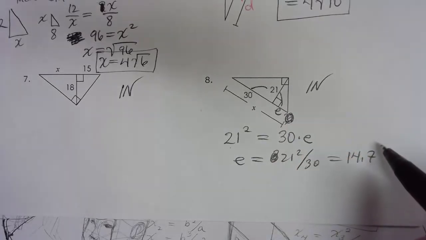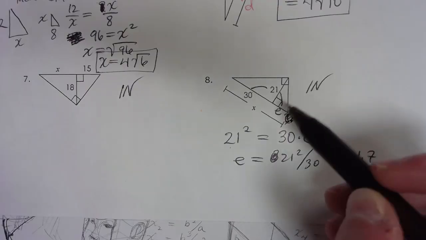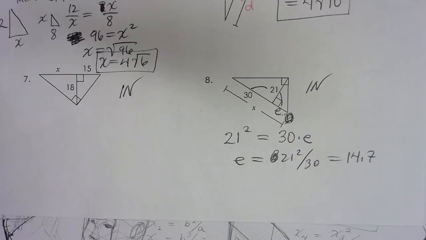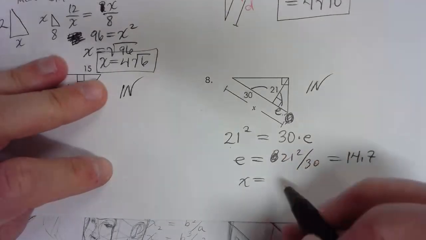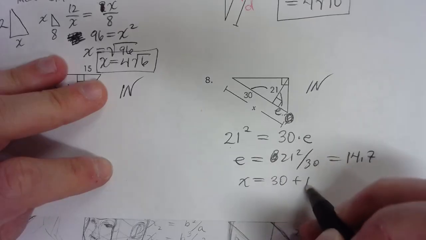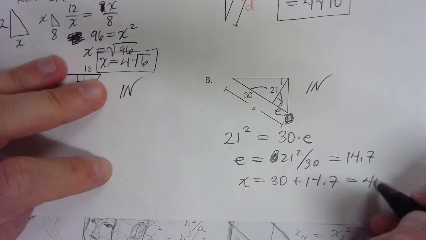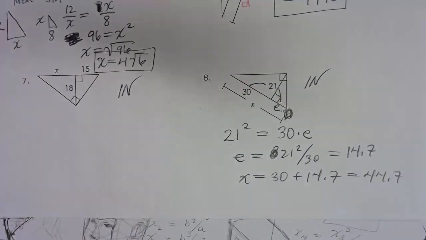Now the problem is, I need this length to be 14.7. So what is x? Well, x would have to be 30 plus 14.7, which is 44.7.